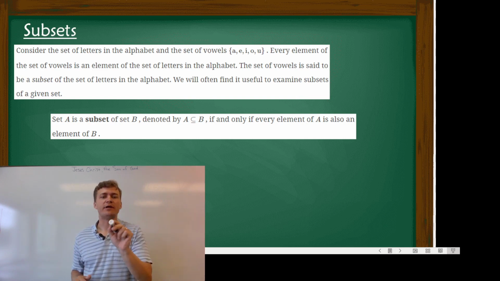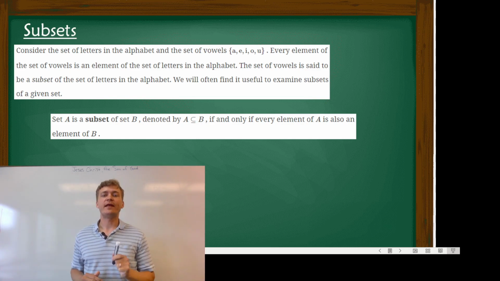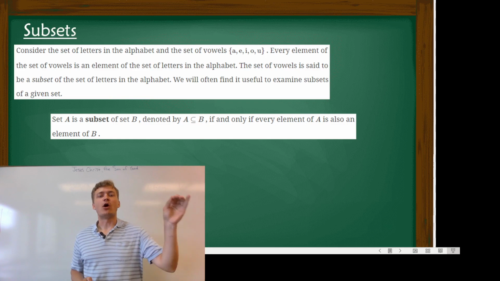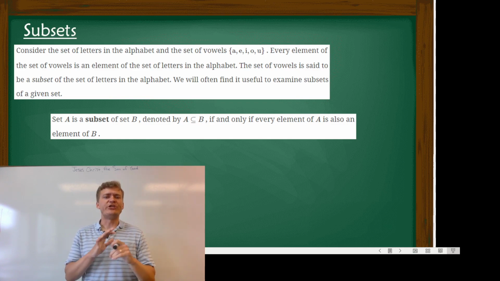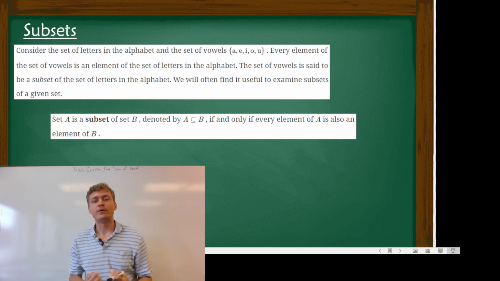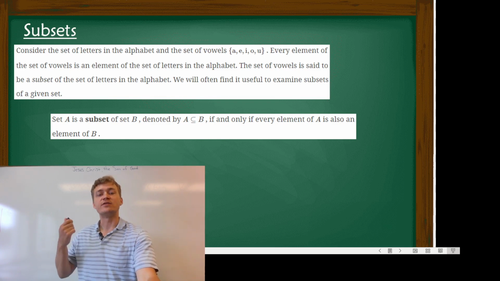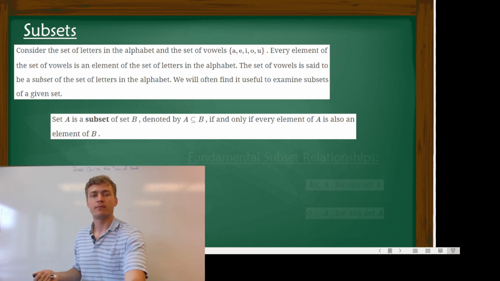We have a roundedness to it. So A is a subset of B if and only if every element of A is also an element of B. In other words, we should be able to find A living within our set B.